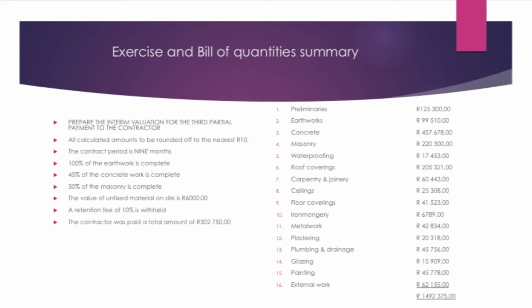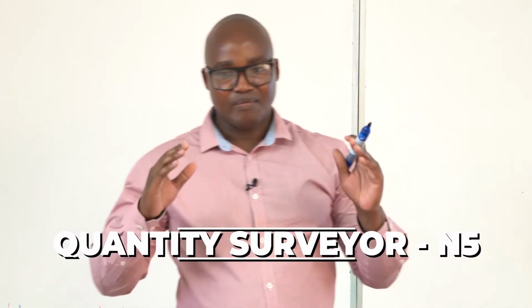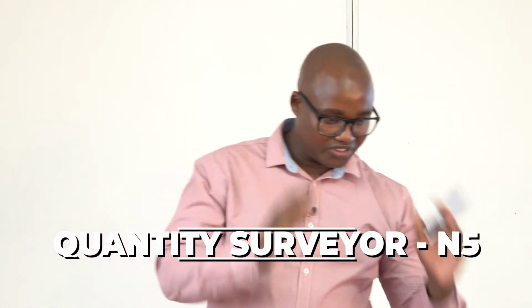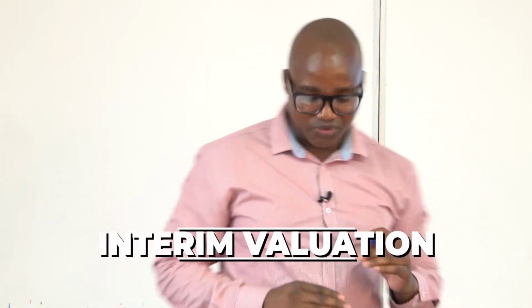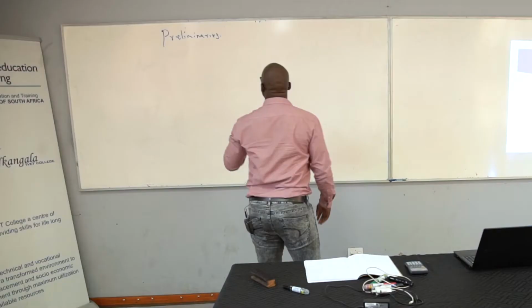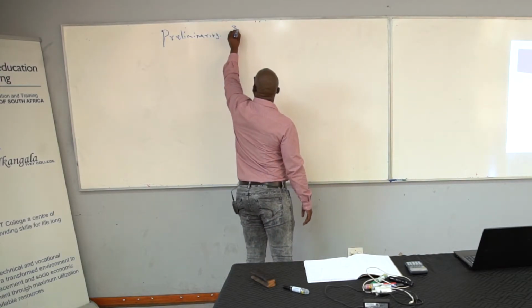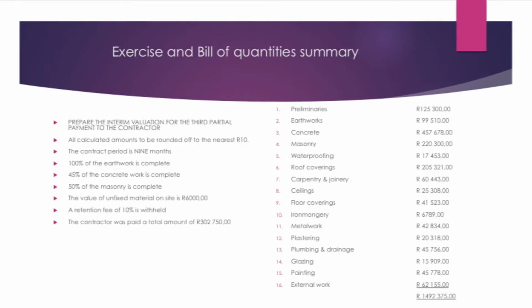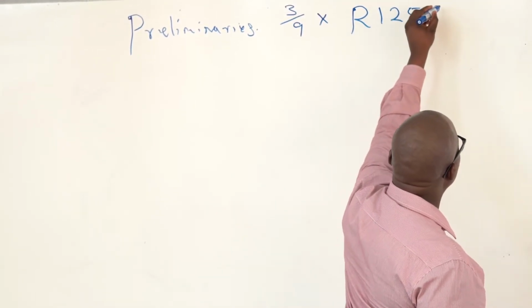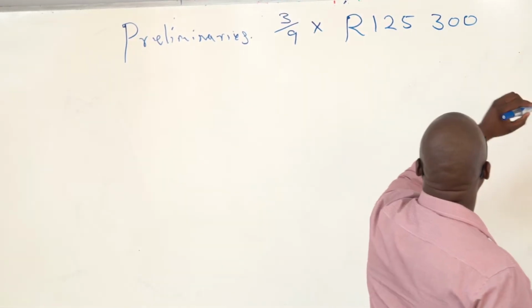So when we work out the preliminaries, we consider the total months that the project is supposed to be completed, and the third month that we should pay the contractor. So we will have 3/9. We multiply that by the original amount from the bill of quantity summary, which is 125,300.